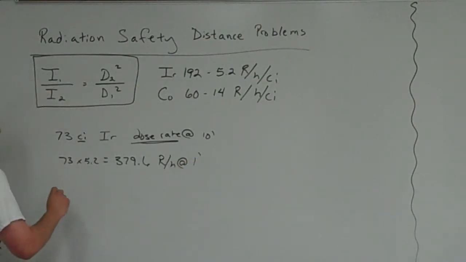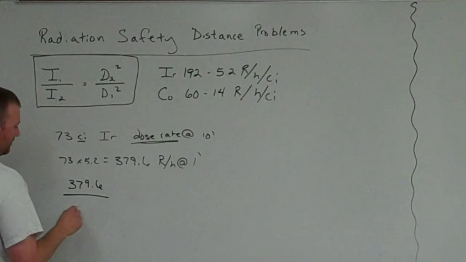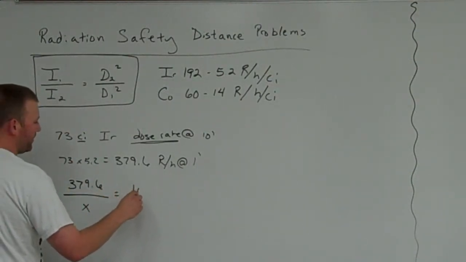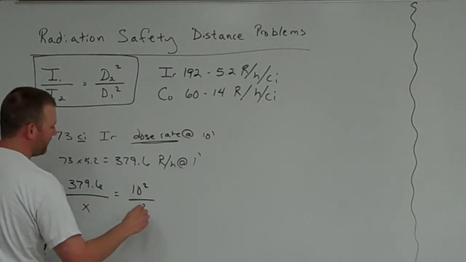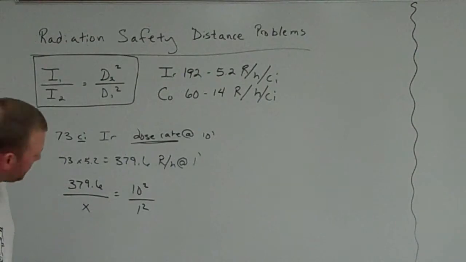So we're good there. So now we take 379.6 over X, or intensity 2. We're going to 10 feet squared and we're at 1 foot squared. So 379.6 times 1 squared is going to be itself.